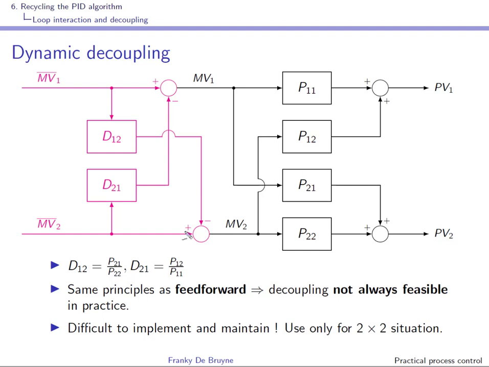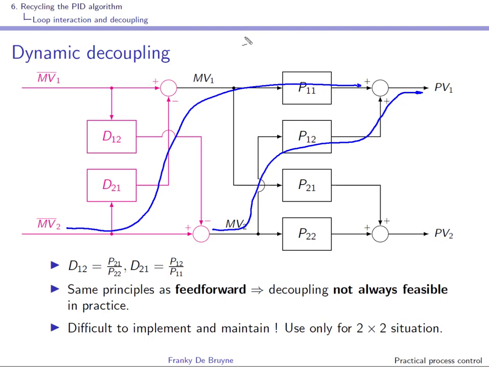So here MV2 is influencing PV1 through this path, and what we'll do is create another path of influence that goes through P11, right? We have a minus sign here, so we have to make sure that this first part is compensated by this second part over here.